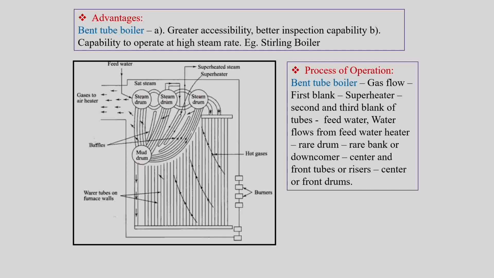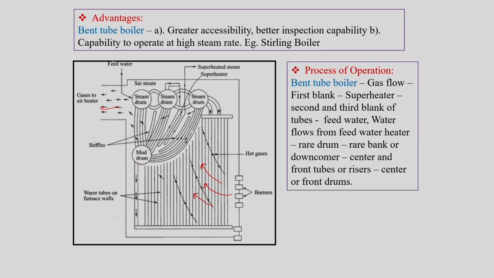So here we will have a burner, and this burner would pass the flue gases, and those flue gases will pass over the front, second and rear tubes, and then go to the air preheater.